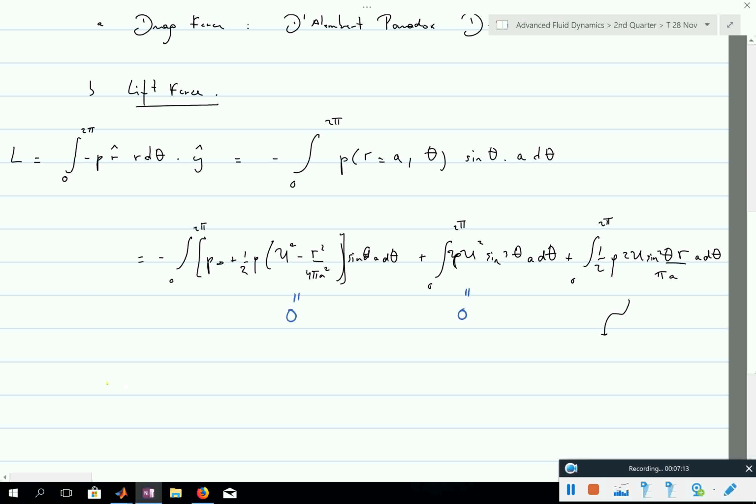And this is your lift force, L, equal to ρ U Γ: the density, times the uniform velocity at infinity, times the circulation. Now this is absolutely fundamental in airfoil theory. This is called the Joukowsky lift theorem.